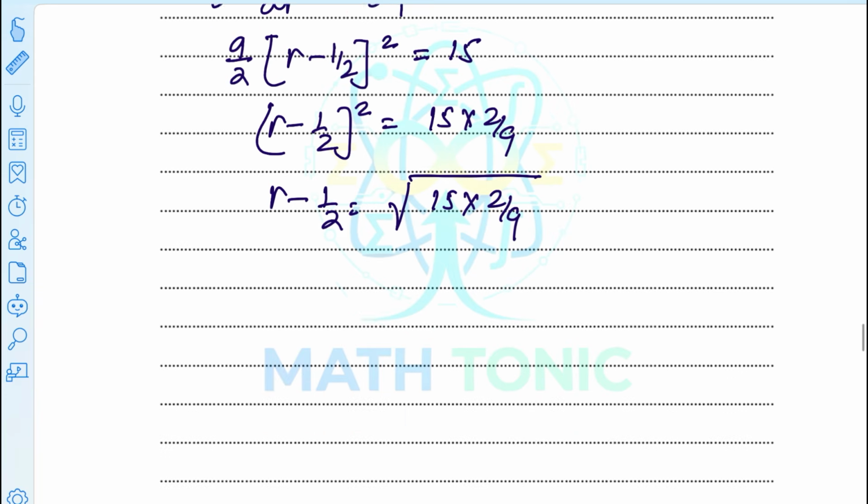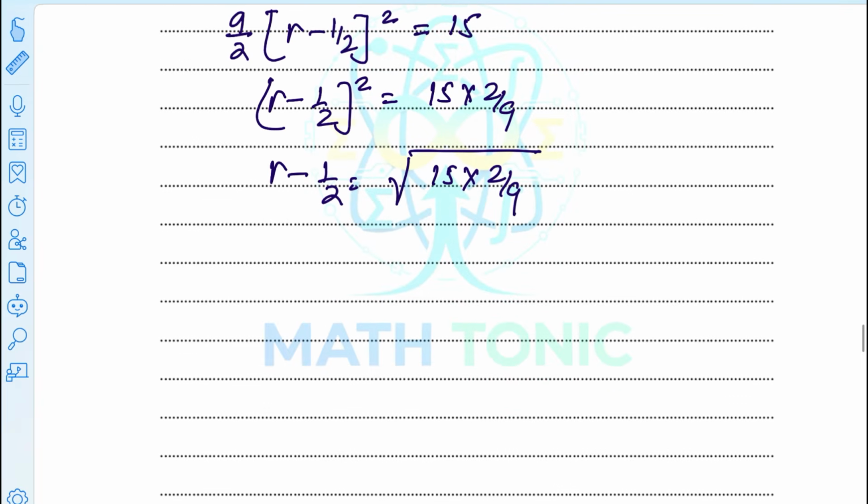Then I think we'll be getting square root of 10 over 3. So r minus half, is it okay? So r equals half plus square root of 10 over 3. You can ask me why I'm not taking the negative value of the square root, because radius cannot be negative, right? That's why I'm not taking this.